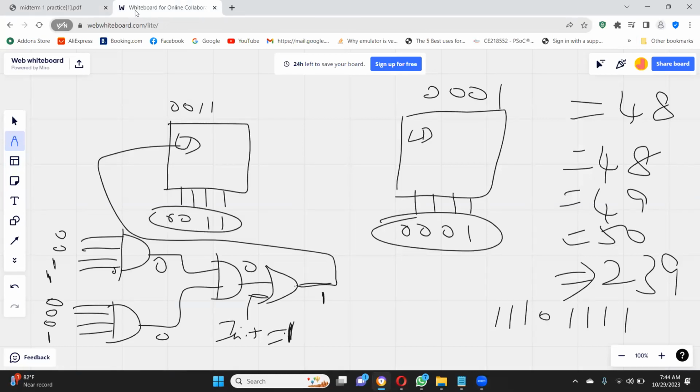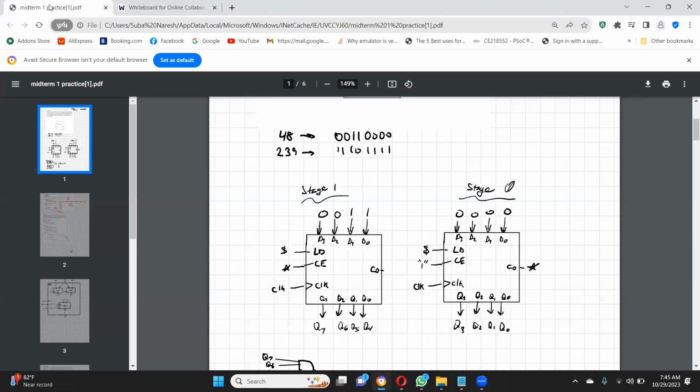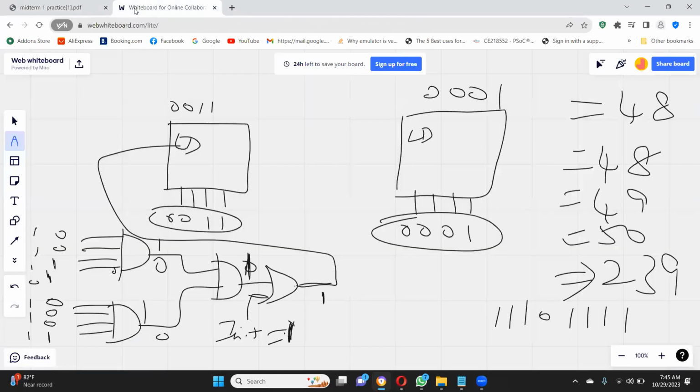So now 1110 will be here, and then 1111, right? So here it is 1. I will make sure that I get initialize equal to 0 here, right?